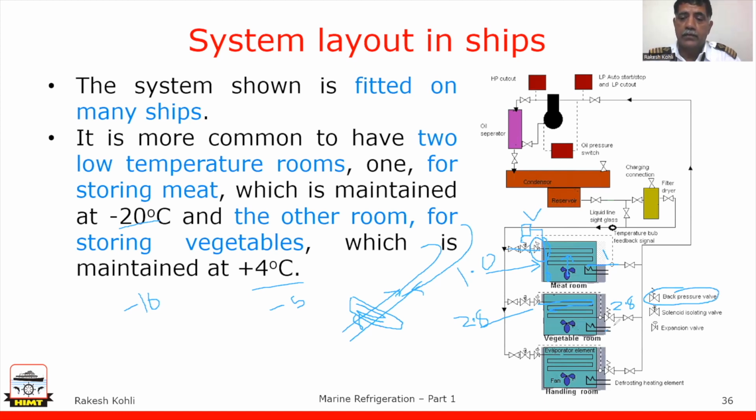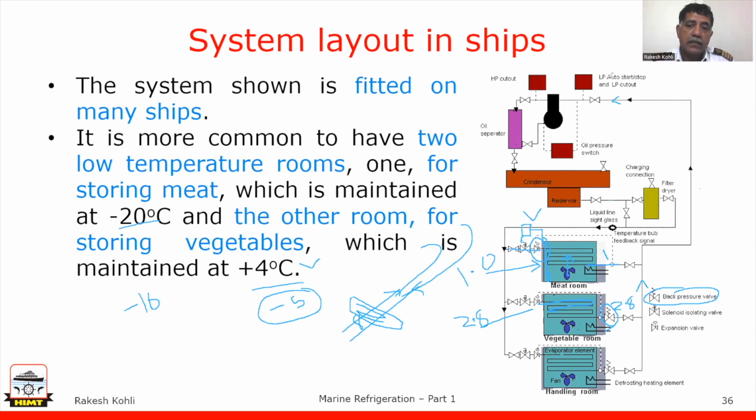Back pressure valve will ensure that the veg room temperature is maintained high enough, say around minus 5 degrees, to cool the room to. There needs to be a differential to cool the room to minus plus 4 degrees. Then this comes out and it goes back to the suction side.